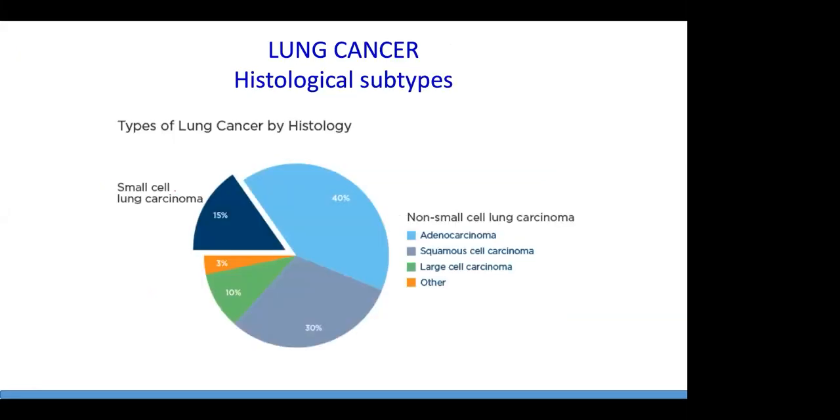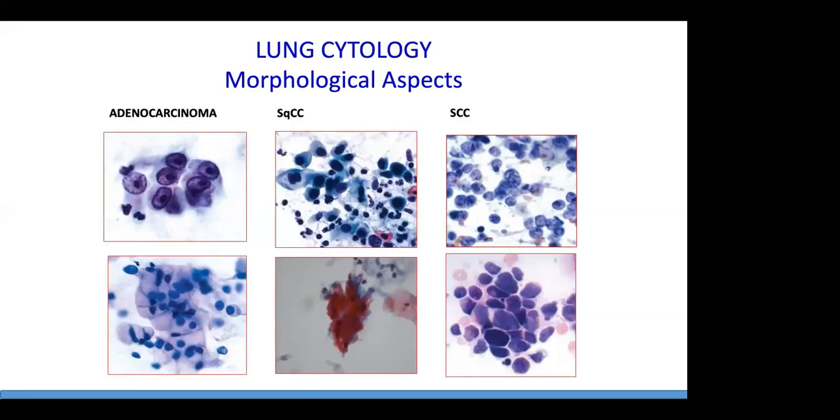So this is the frequency of the different histological subtypes of lung cancer. The most frequent is adenocarcinoma, 40%, followed by squamous cell carcinoma, 30%, and small cell lung carcinoma, 15%, and then the other, more rare. The morphological aspects of each subtype are very well defined.